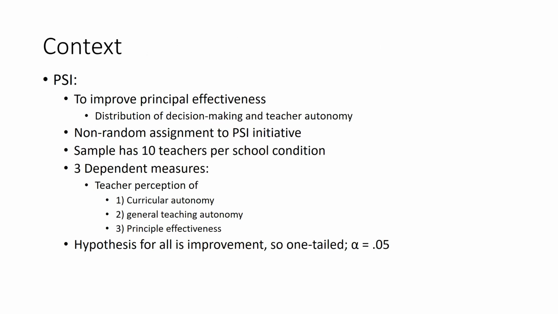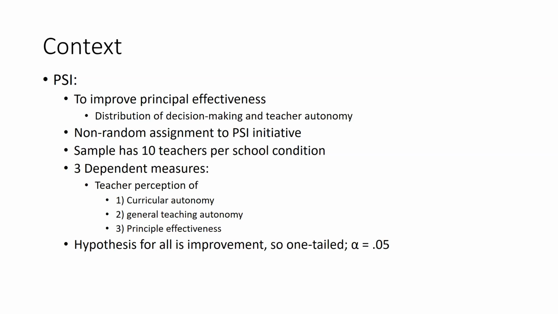So allowing multiple people in the school to have decision-making and choice so that the principal can be more effective at their job. We have non-random assignment to whether or not a school participates in the initiative or not.